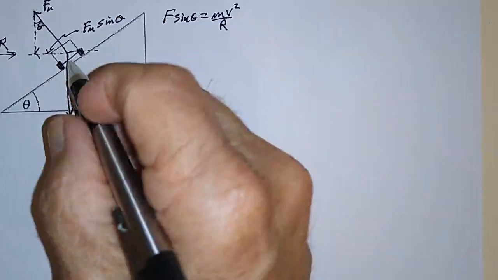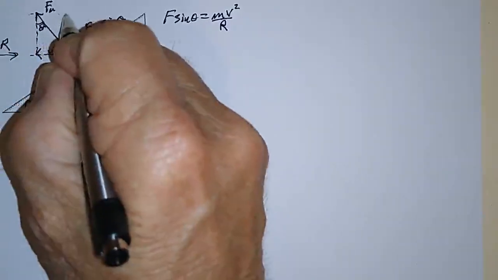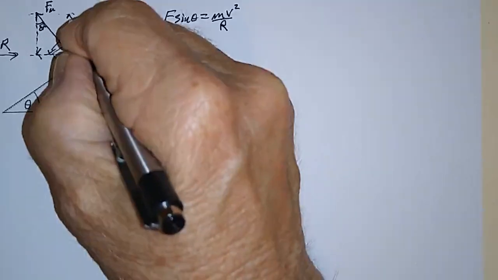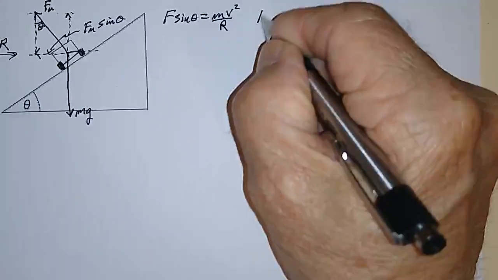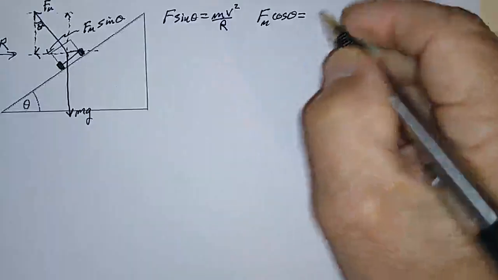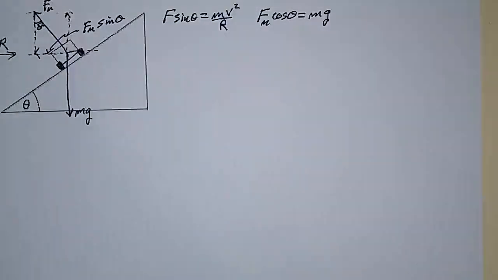I also have to have, for equilibrium conditions, that the vertical component of the normal force, this component right here, which is Fn cosine theta, has to be equal to the weight in order for it not to move up or down.